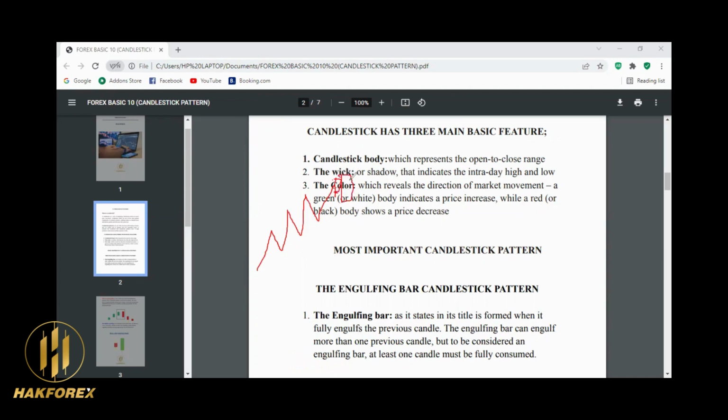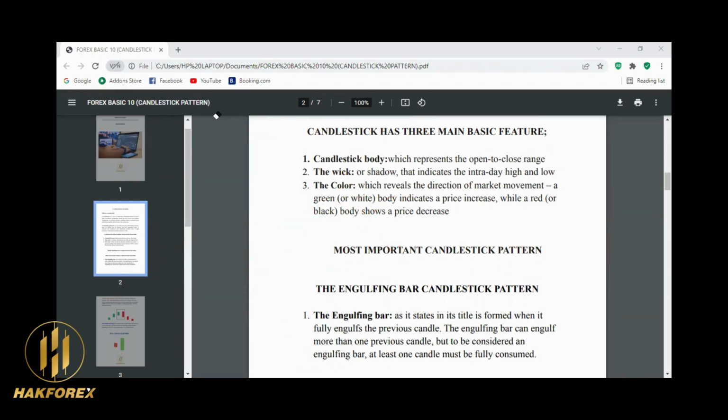What are you expecting? You're expecting the market to come down, which is a bearish engulfing. If you saw a bearish engulfing candlestick, you expect the market to come down. So from there you can jump in after seeing the engulfing, then you can sell from here so that you can take the market.